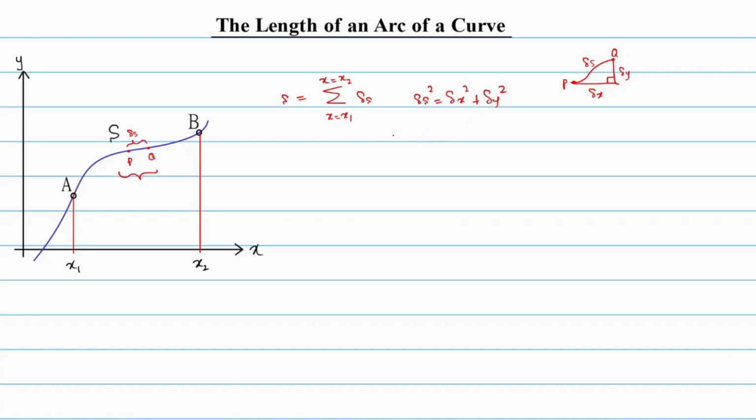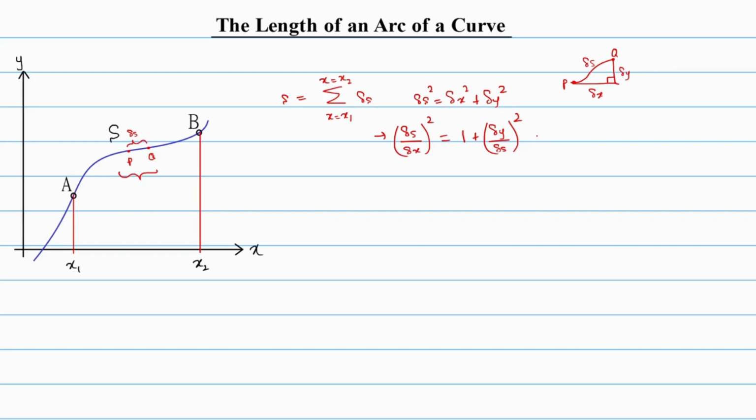Next, let's simplify this by dividing both sides by delta X squared. That gives us (delta S over delta X) whole thing squared equals 1 plus (delta Y over delta X) whole thing squared. Now to make delta S the subject, let's take the square root on both sides.